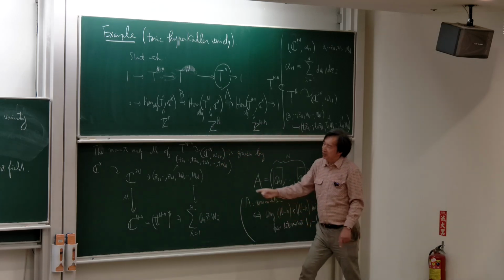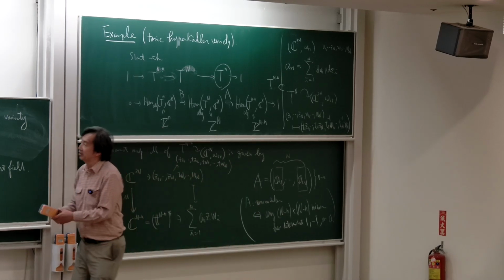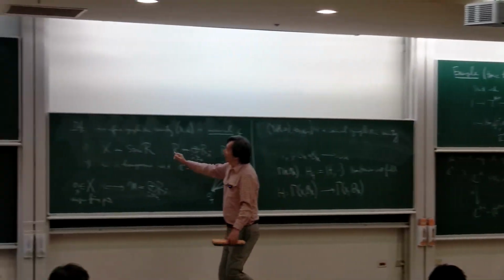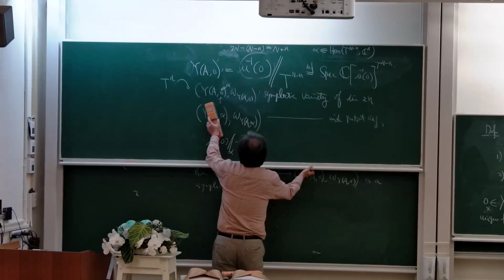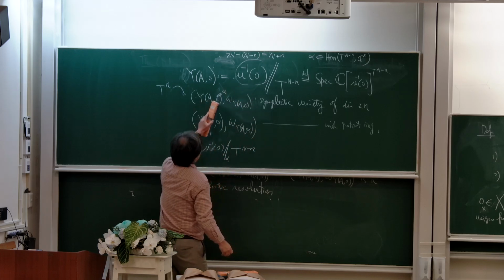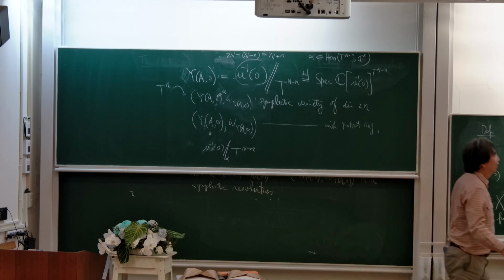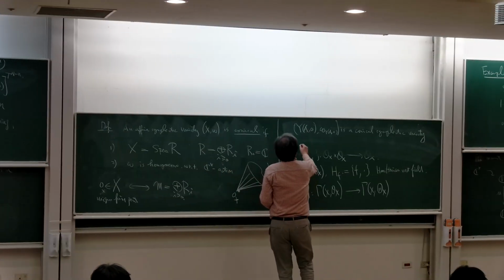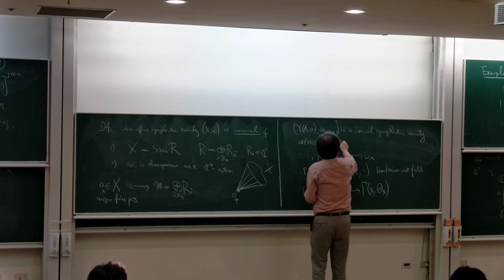This scaling action induces an action on this space, because mu inverse 0 has a C-star action, and it descends to a C-star action. And the weight of this omega is just 2 in our case.